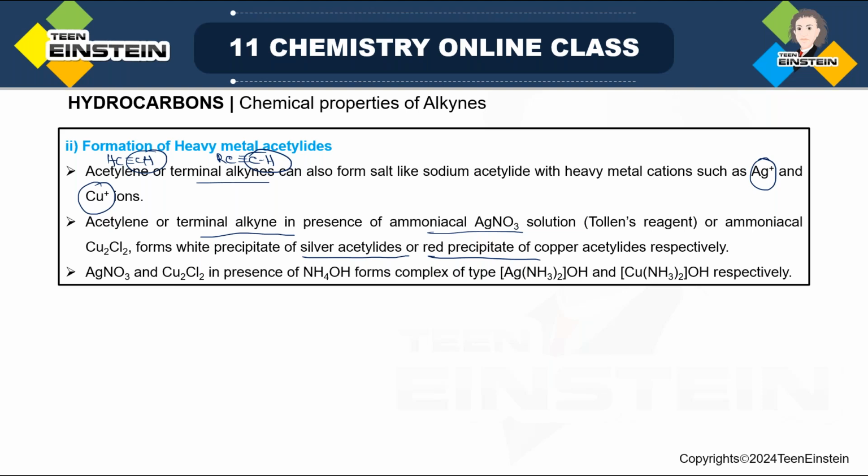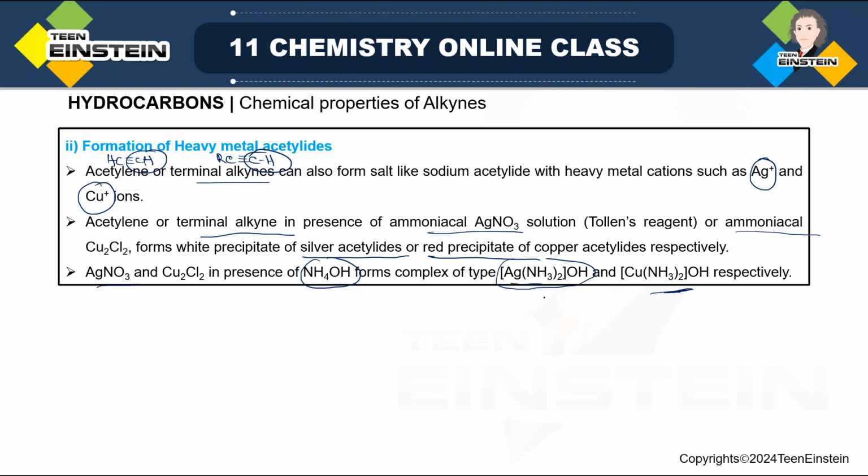Now this AgNO3 or Cu2Cl2 is used in combination with NH4OH, because it is already mentioned ammoniacal. And sometimes, suppose you have been given a question where the reagent is mentioned as AgNO3 plus NH4OH or Cu2Cl2 plus NH4OH, but instead of saying that, it can also be written like this, because these two together form a compound like this or this.